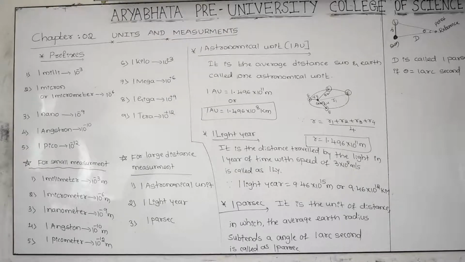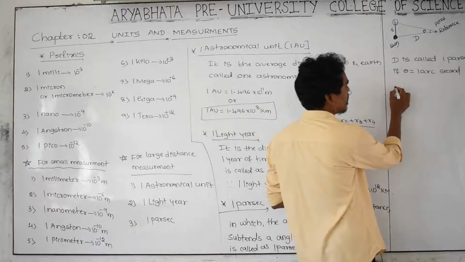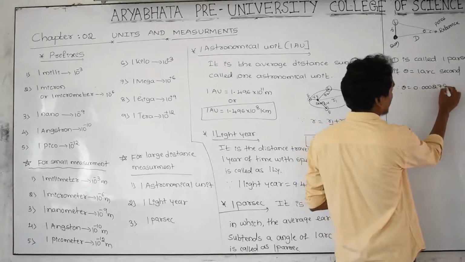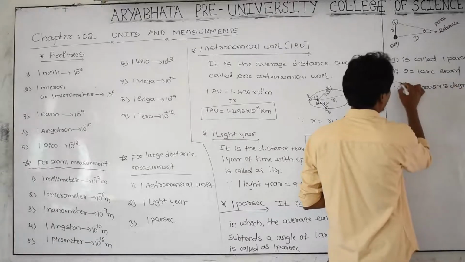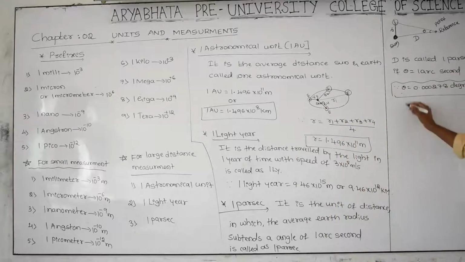And what do you mean by 1 arc second? That is also very important for you. 1 arc second is equal to 0.000278 degree. Therefore theta is equal to 0.000278 degree, when theta is equal to 1 arc second.